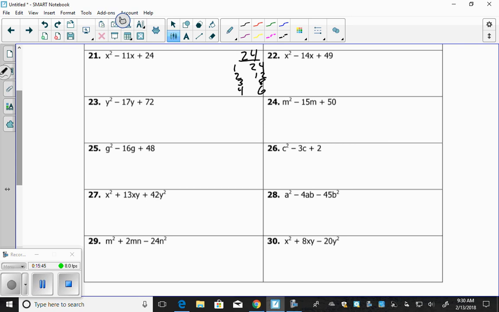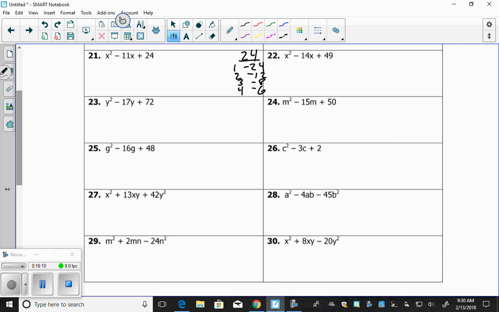So if it can't be opposite signs, then it's same sign. But the middle number is negative, so the bigger number has to be negative because the middle number is negative. Okay, but does a positive times a negative give me a positive?